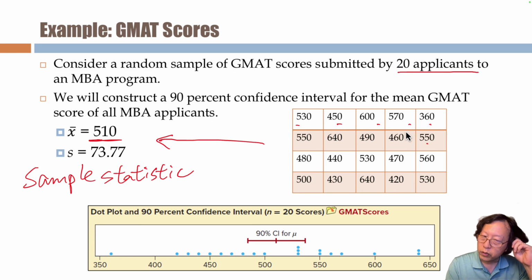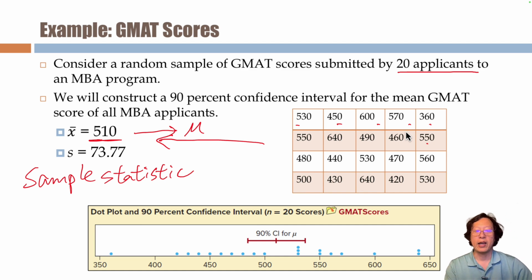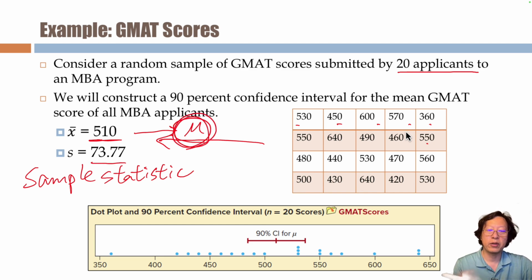So what we estimate is that mu would be 510. x bar will not be exactly the same as mu, but if this is the only one, we can estimate mu using x bar. And s is here. However, how can I find that mu can be greater than x bar and smaller than x bar? How can I create the 90% confidence interval?